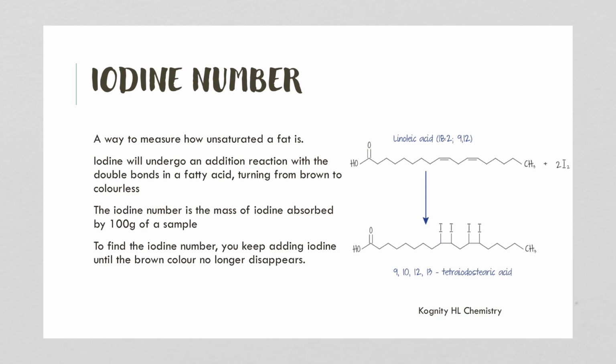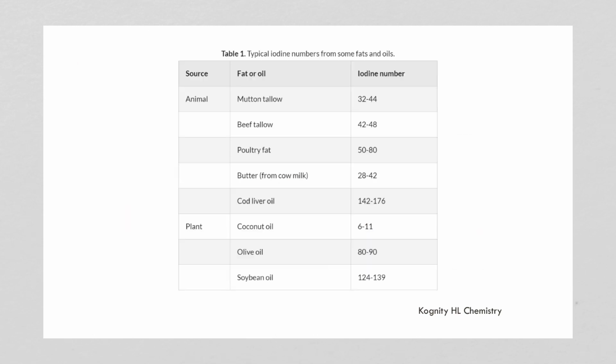You can see in this example where the addition reaction has happened right here. There were 2 double bonds, and now we have iodines in those positions instead. This table is from our textbook, and it shows some examples of iodine numbers. You can see that animal-based fatty acids do not have as high an iodine number as plant-based, with a couple of exceptions.